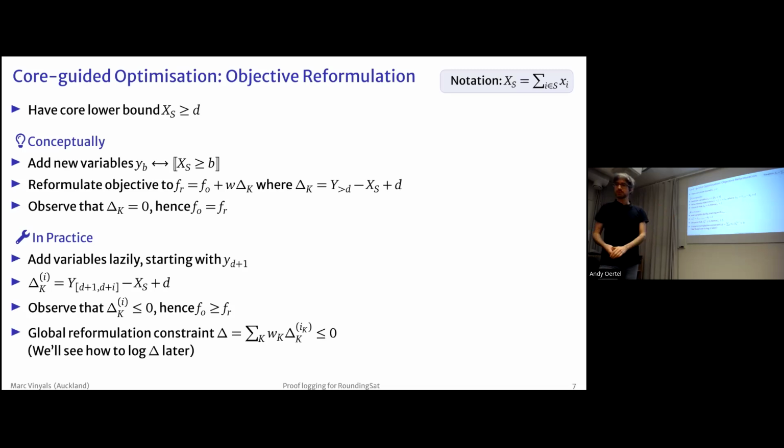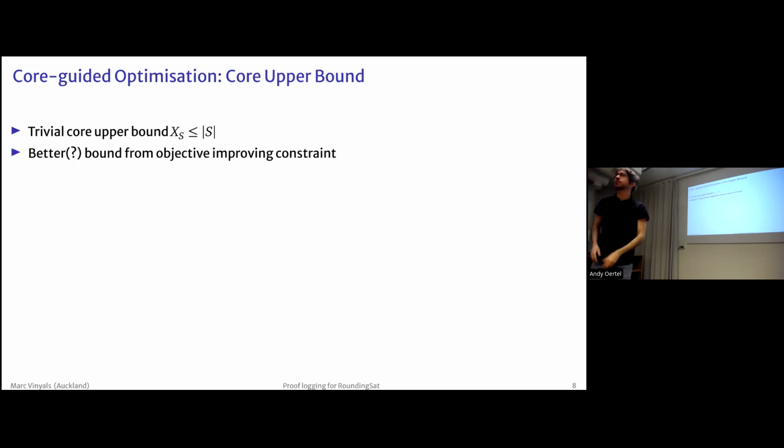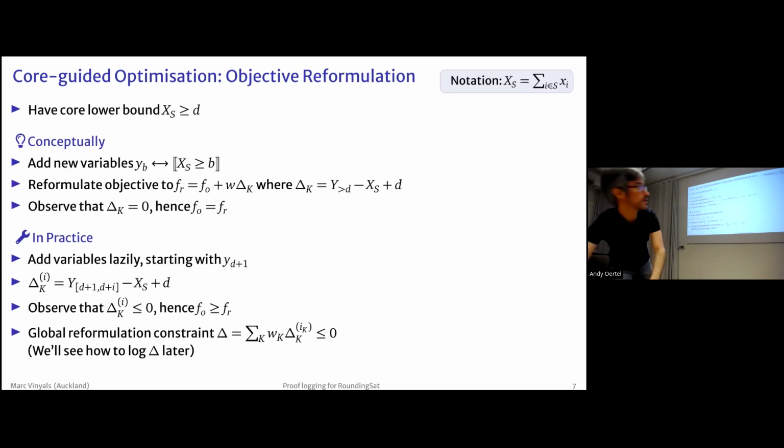Okay. So yeah, that's then the plan, right? We're going to be adding these variables. And now let's see how we do this. One thing before that: in the previous slide, we saw that we had this lower bound on the core, right?